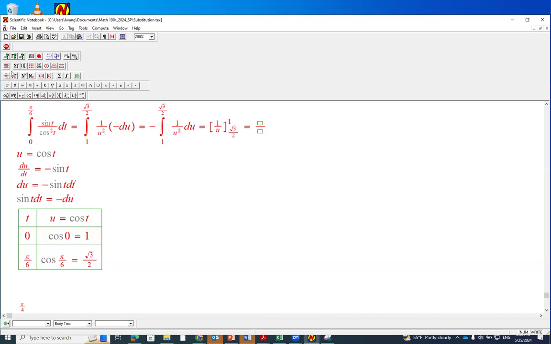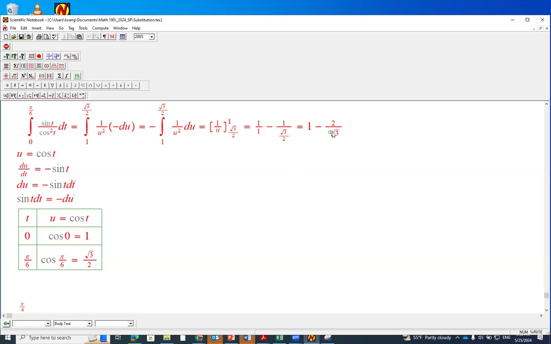We get 1 over 1, subtracting 1 over root 3 over 2. Simplify. So we get 1 minus 2 over root 3.